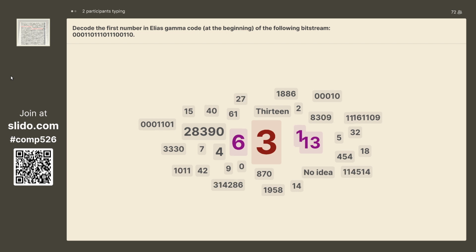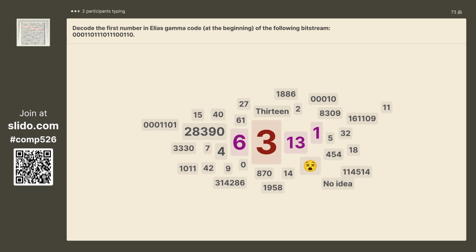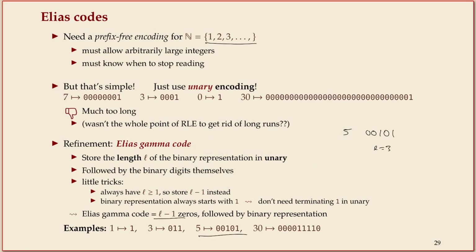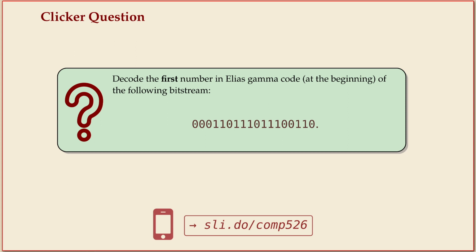The free text polls can't do correct answers, but let's do it together very briefly. I haven't really told you how to decode. I only showed you how to encode, and you had to figure out for yourself, right, how to invert that.